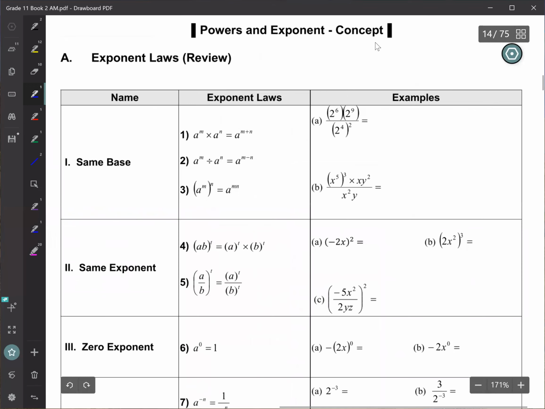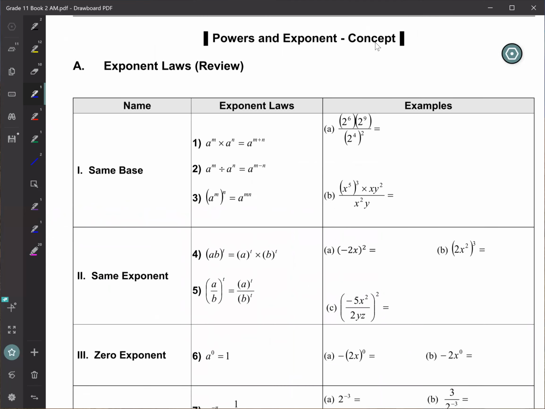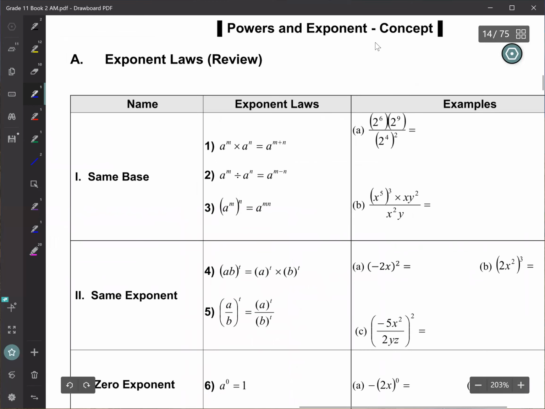So let's look at the first part. First section. When you have the same base, I'm assuming everyone knows what's the base. If I have 5 cubed, this is the base. Okay, and then this is the exponent. Everyone should remember that.